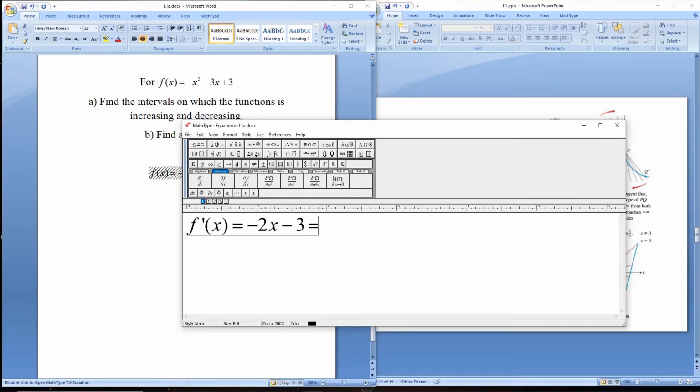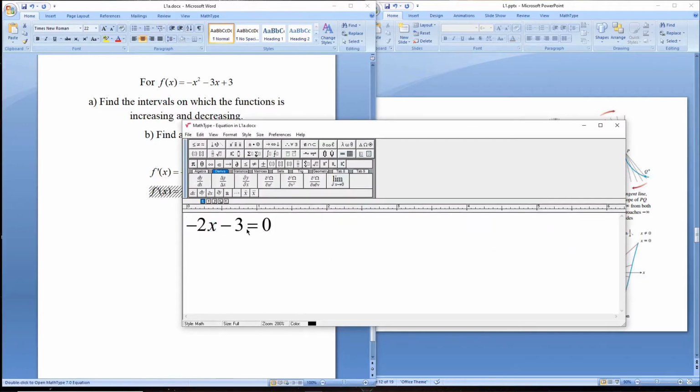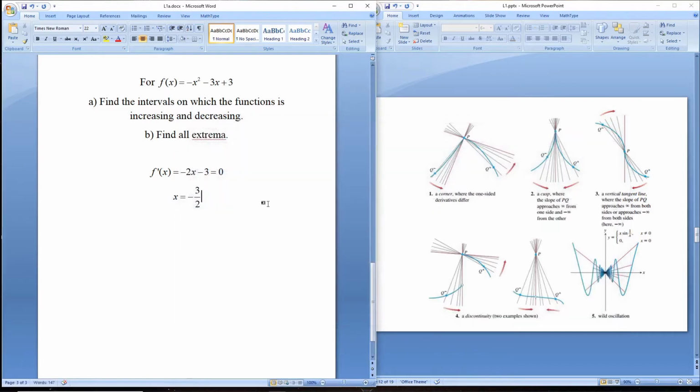And then we'll set it equal to 0, because a derivative of 0 is where we'll have our horizontal tangents, and horizontal tangents are at turning points. And then we'll solve this. So we'll move the 3 to the other side and divide both sides by the minus 2. And there's our answer. So there's our first critical number.